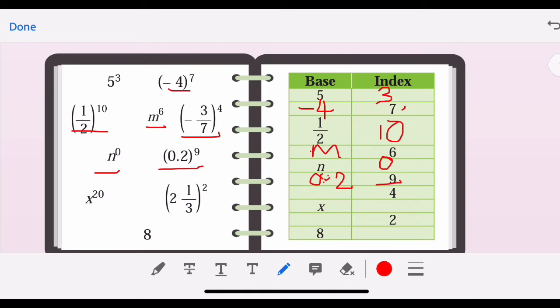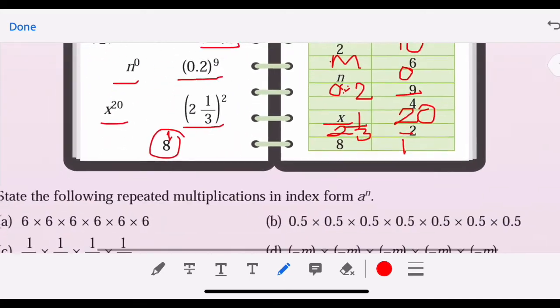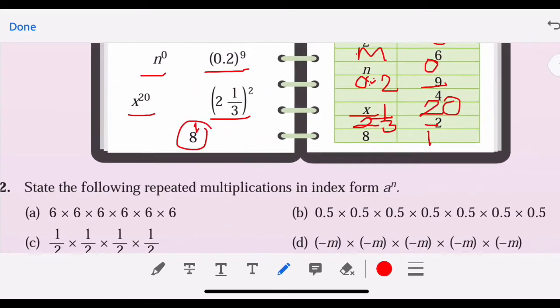Alright, and the index is 9, and x is the base, and 20 is the index. 2 1/3 is the base, and the index is 2. 8 means that the index is 1. 8 to the power of 1 is 8.